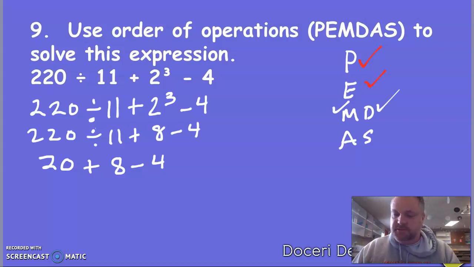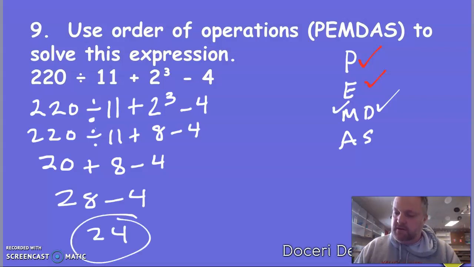Nope, so we'll check that off too. Is there any addition or subtraction? We'll do whatever comes first. So it appears that 20 plus 8 is the first one that we will do. 20 plus 8 is 28 minus 4. 28 minus 4 is 24. So the answer to number 9 is 24. That's how you use PEMDAS to simplify an expression.